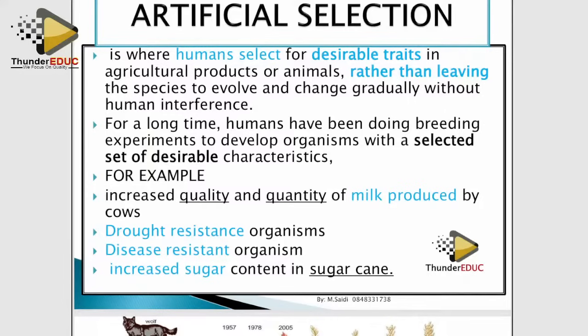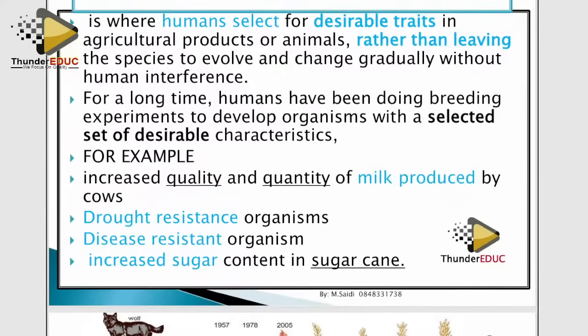Lastly, but not the least, is artificial selection. Please don't confuse artificial selection with genetic engineering. In artificial selection, we don't manipulate genes. We only give those which have desirable characteristics a chance to have sex so that they're able to reproduce. Yes, I hope, guys, we are together, ne? And everything is good. You are hearing me properly. So we give a chance to those which are able to produce.